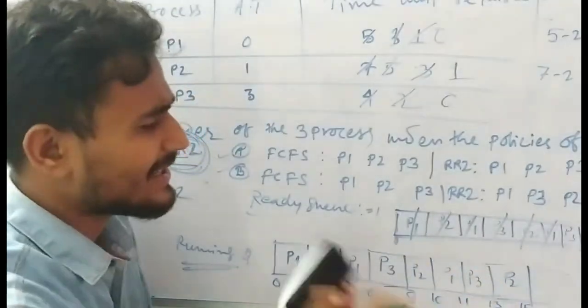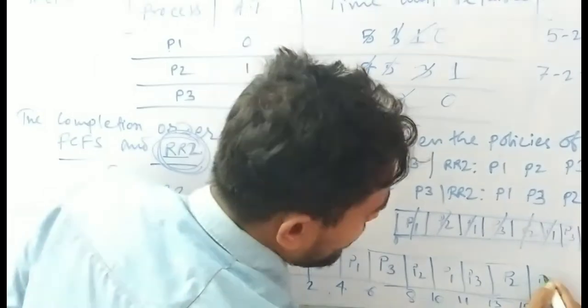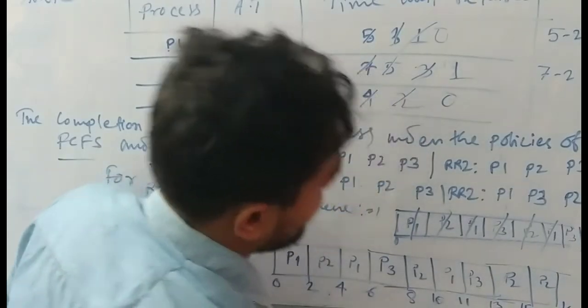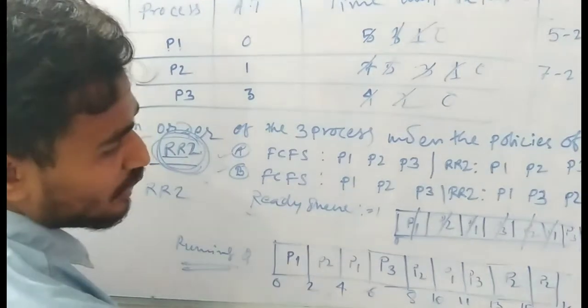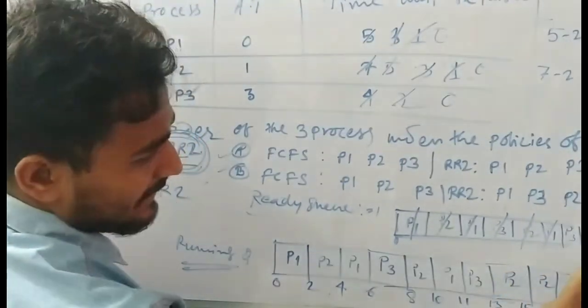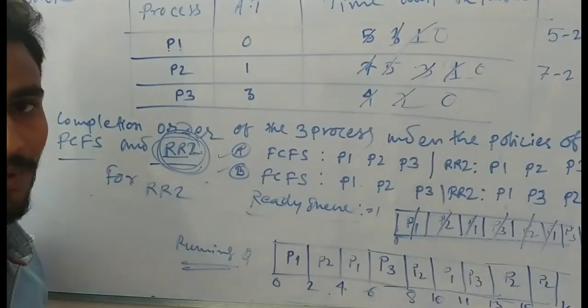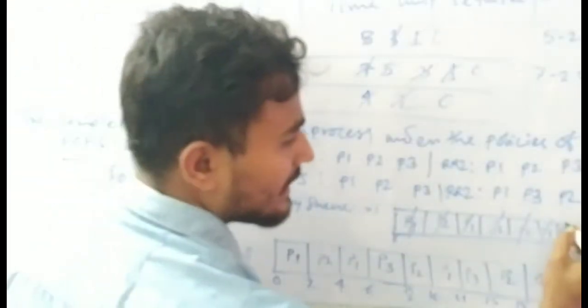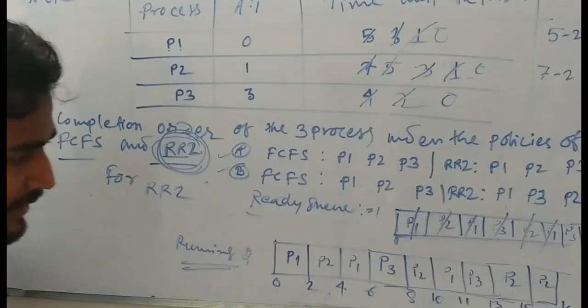Although we could just write it at one time, for simplicity I am writing it another time. Okay, so P2 is 15. Yes, this is 0. Why? P2's 5 is not complete, that's why I am writing it again. Although if you don't write it, that's not a problem. But for simplicity, I am writing it another time.